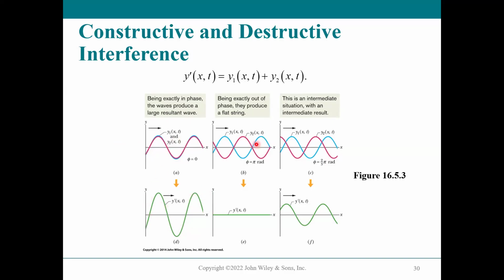But if they are in different phase, with the phase difference pi radian, they will cancel. So this one is destructive interference, but this one is constructive interference. Another one is the intermediate situation with an intermediate result, if the phase is not the same. So it's very important to consider phase in waves.